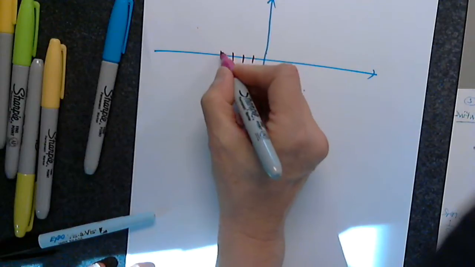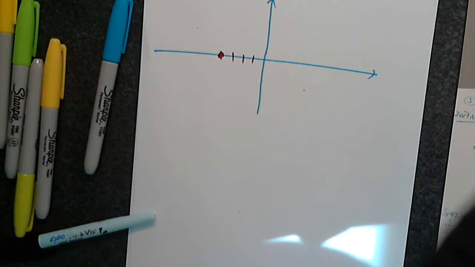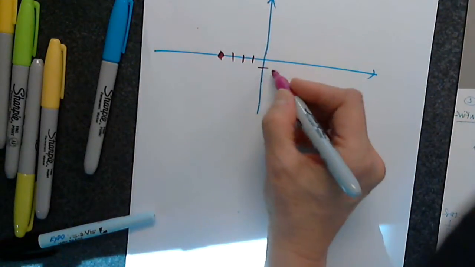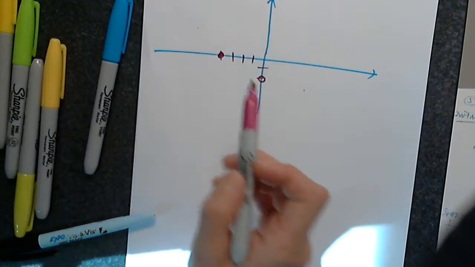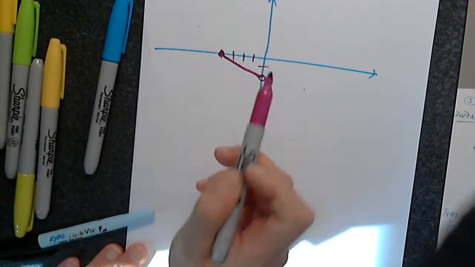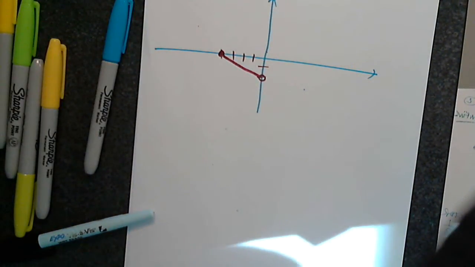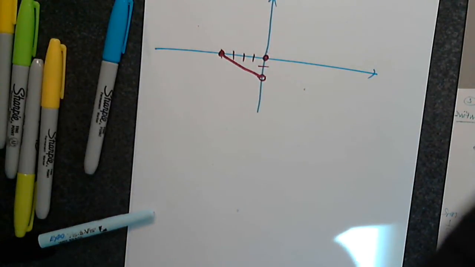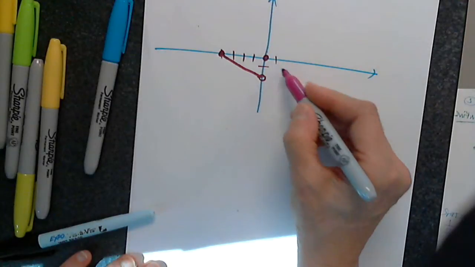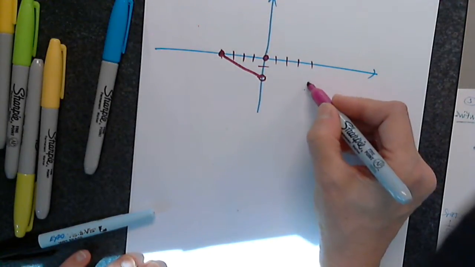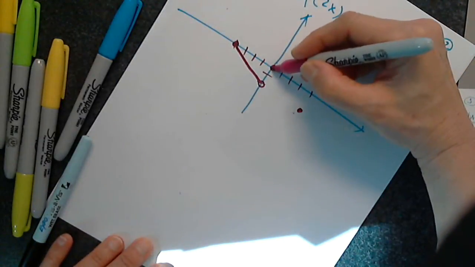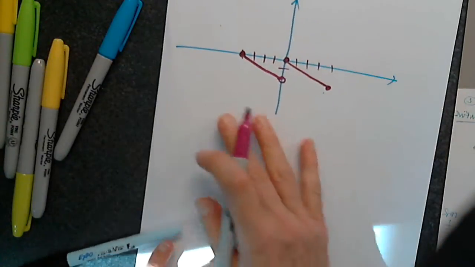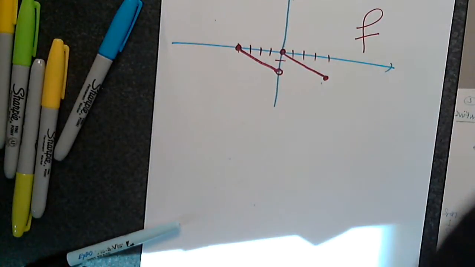I see a point at 1, -2. And it's a straight line. And then I see a point at 0, 0, full point, and one at 4, -2. Full point. So here's the graph. And what we see here is function f.